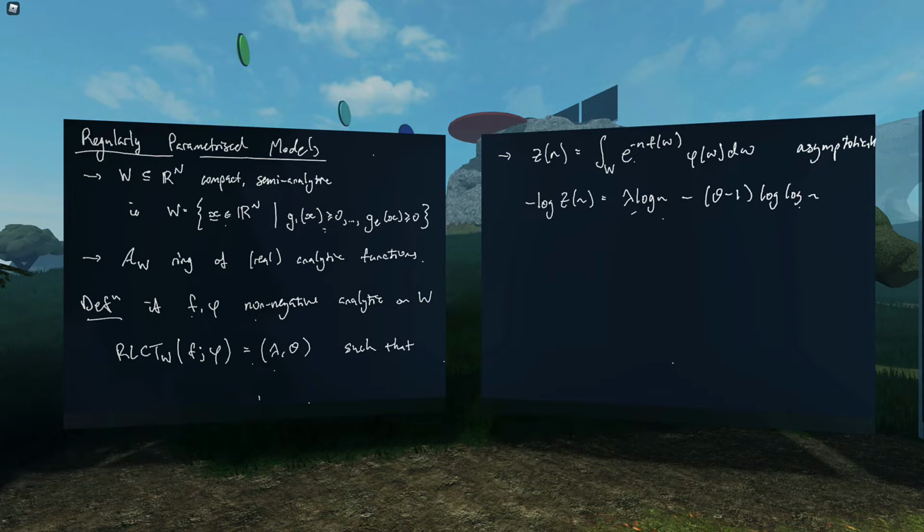In practice, the way we actually calculate this is more often through the so-called theta function. For a complex parameter z, theta of z is also the integral like that. Its poles are real.